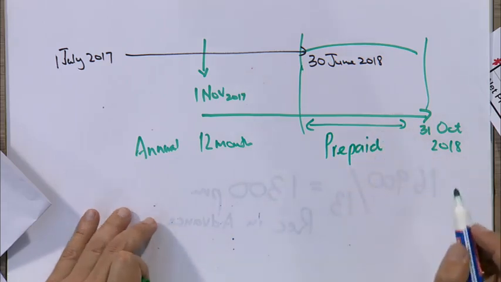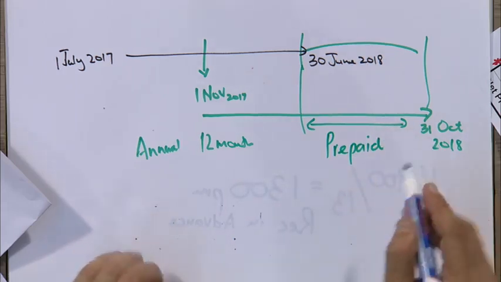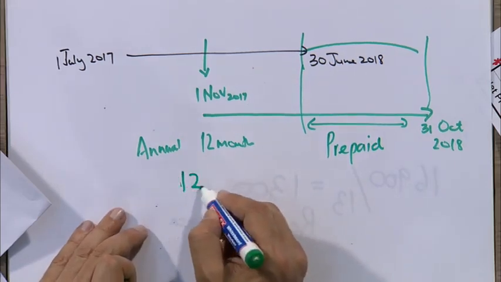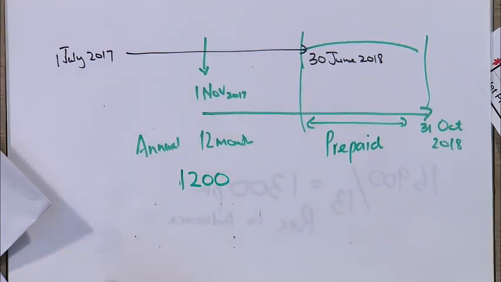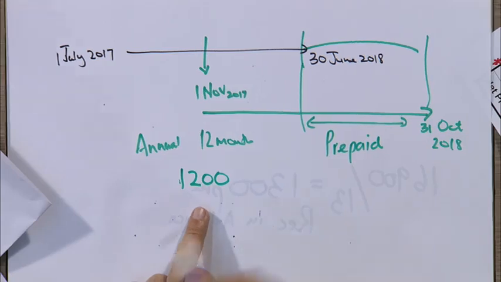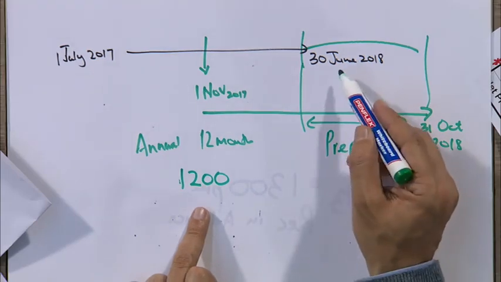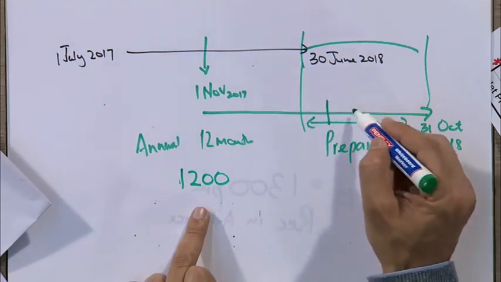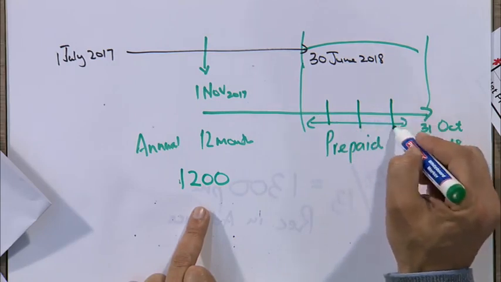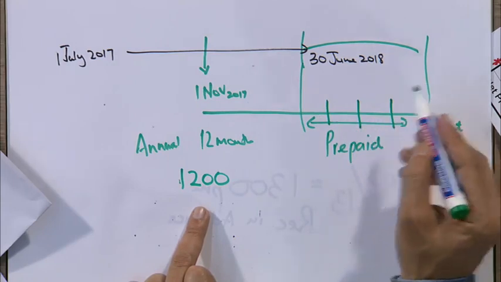So now I need to determine how many months is prepaid. But what I know is it's 1,200 for the year. So I need to count. It's for July, then it's for August, then it's for September, and for October.